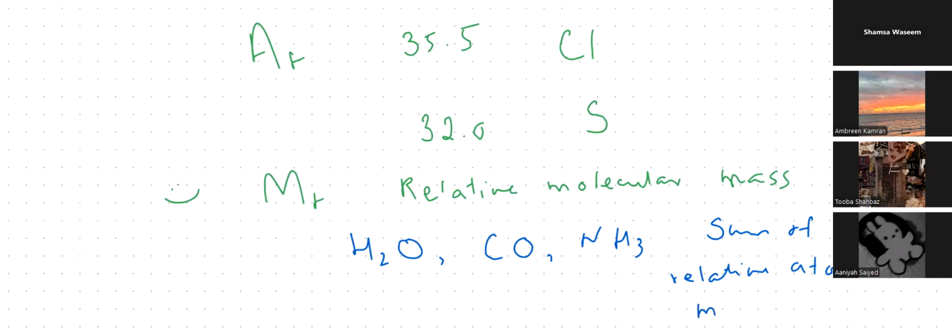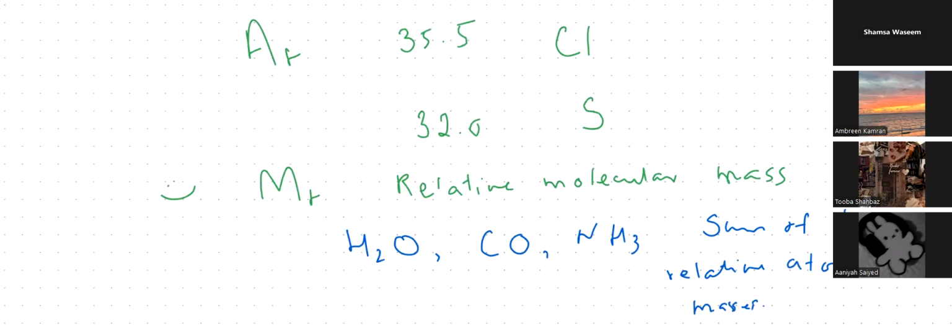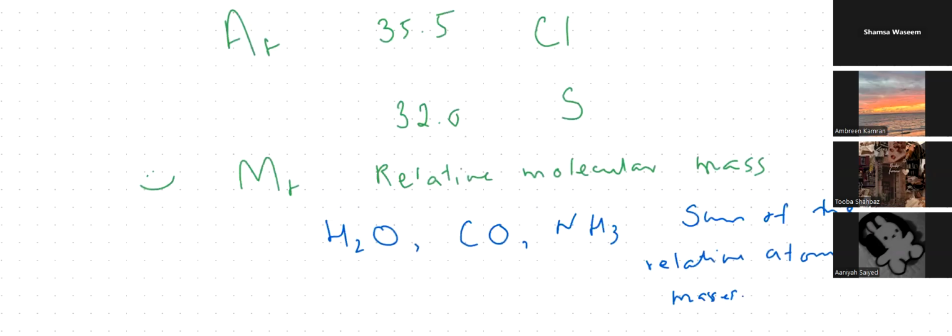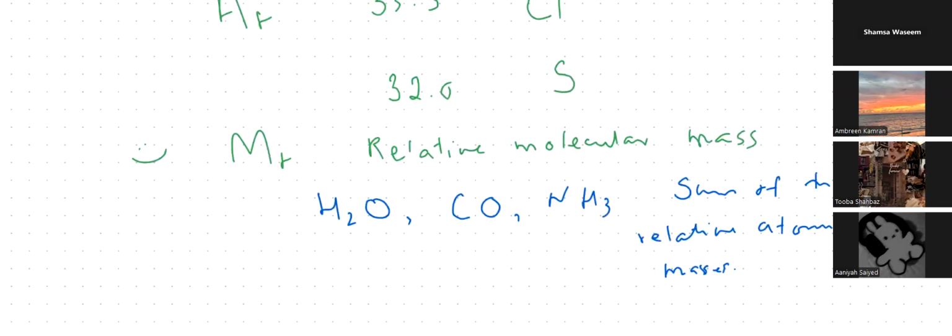Anya, are you back, BT? Yes, not here. All right, so the relative molecular mass is the sum of the relative atomic masses of the elements present in a compound. Right here? Is that clear?